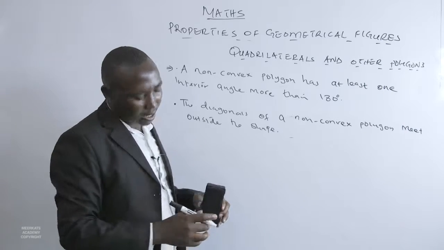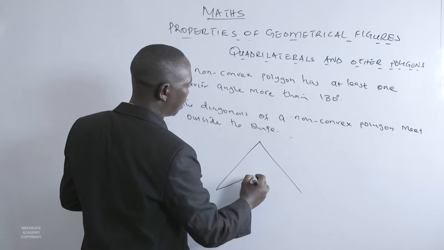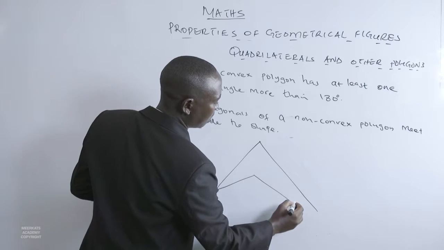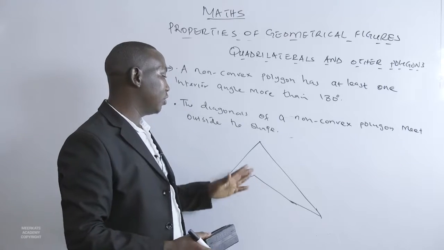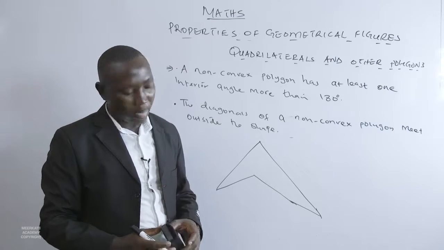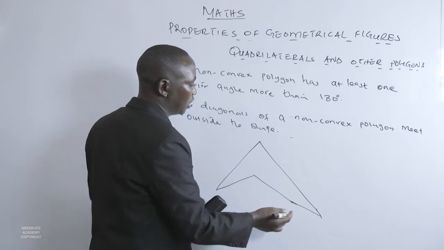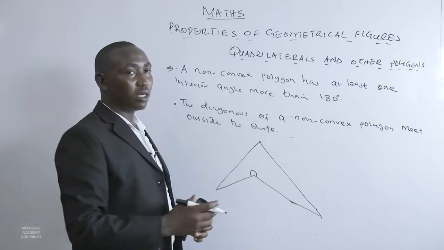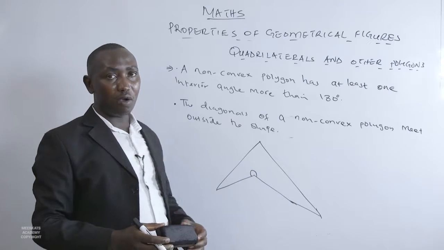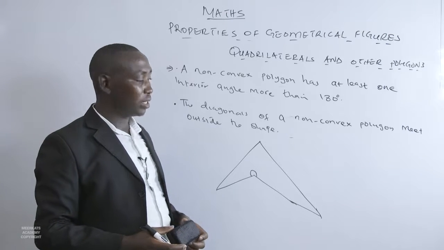We can have a good example of a quadrilateral as this, which still has 4 sides. 1, 2, 3, 4. This is straight. But if you were to calculate or measure the size of this particular angle, you will discover that it's more than 180 degrees.